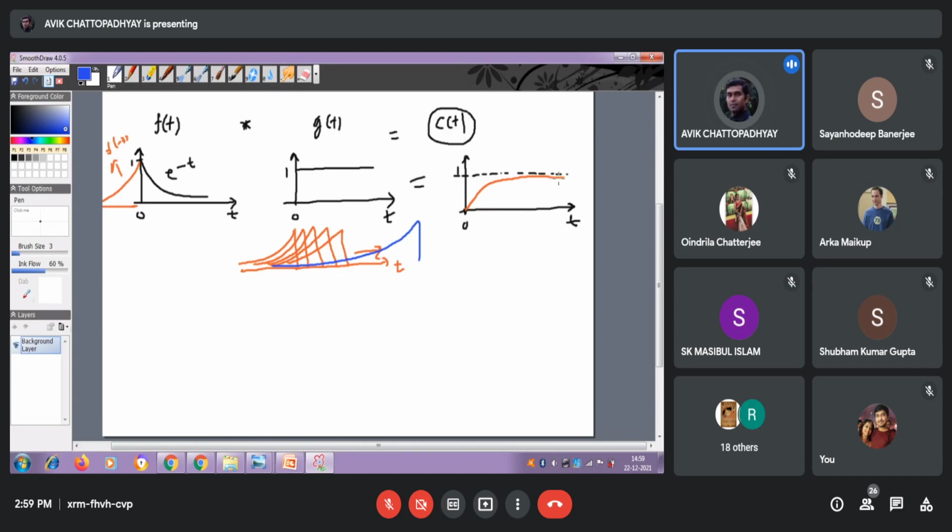So here also this asymptotic nature will be reflected. It is almost about to touch 1. I think maybe at infinity it may touch. So it is something like that.